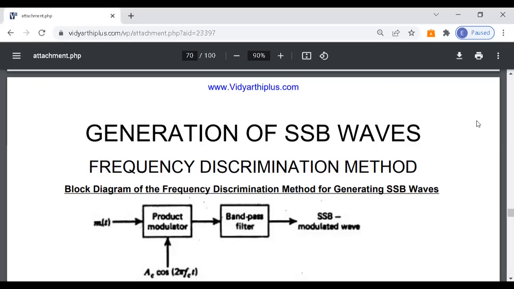We want to move from the generator or the transmitter to some receiver, right? So we do the double sideband modulation because we want to have a backup. But the reality is that one of them is redundant.